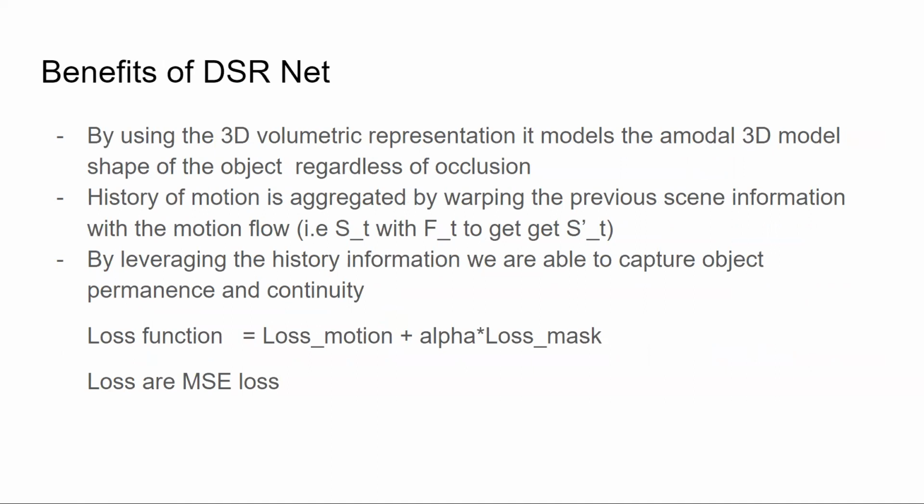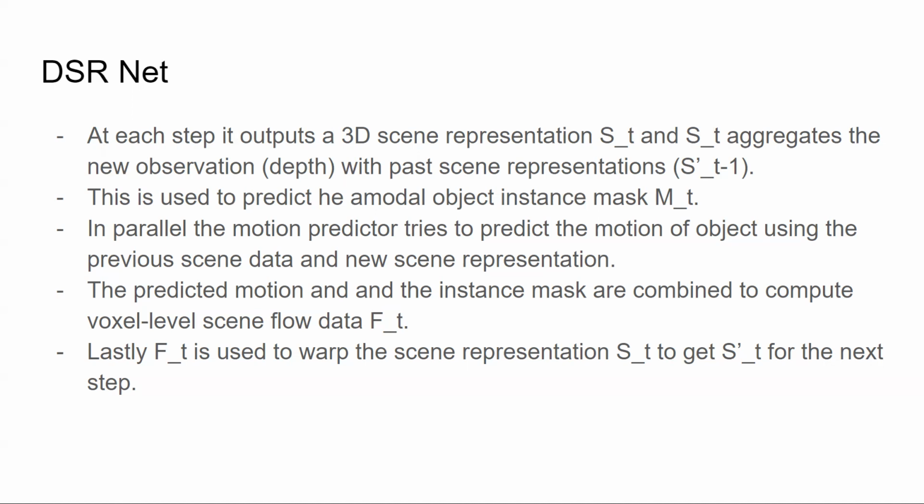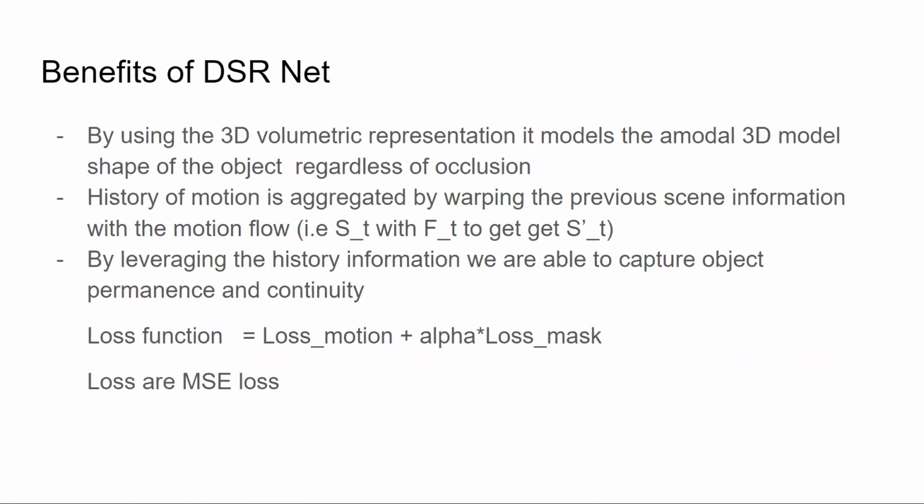The benefit of DSR that they put in the paper is that since it is using a 3D volumetric representation, it can model 3D shape regardless of the occlusion. One more reason it is able to do this is that they keep a history of the object, and the identity of the object is also maintained.